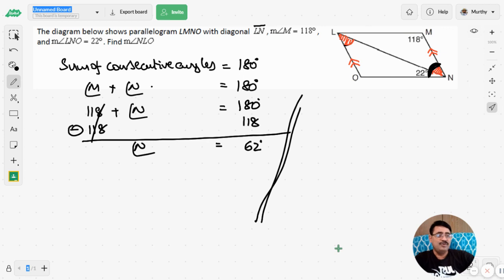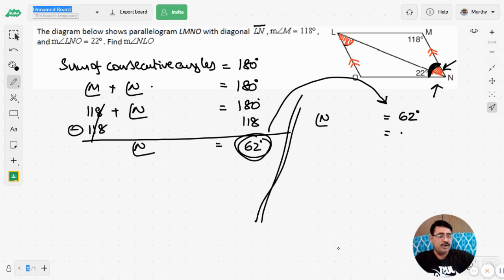I see that there are two parts, one is this and one is this one. So I know that angle N equals 62 degrees. Then it is 22 degrees plus MNL.